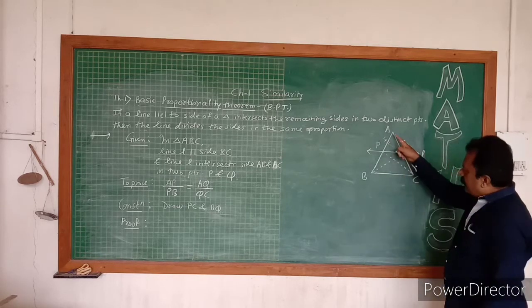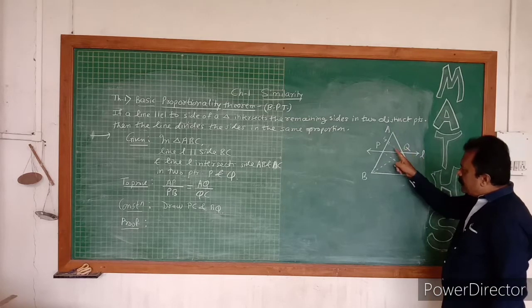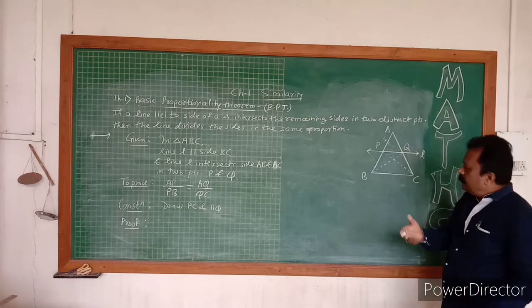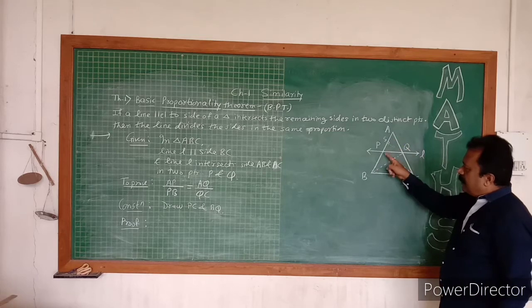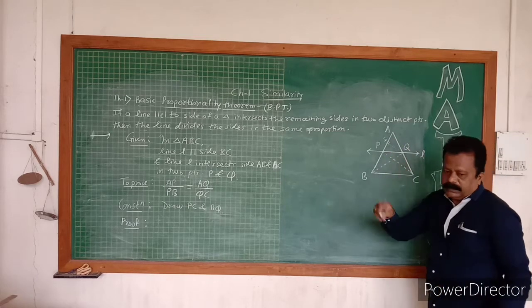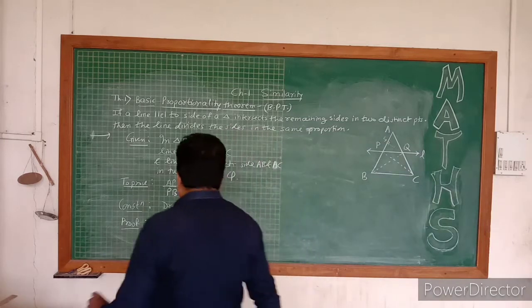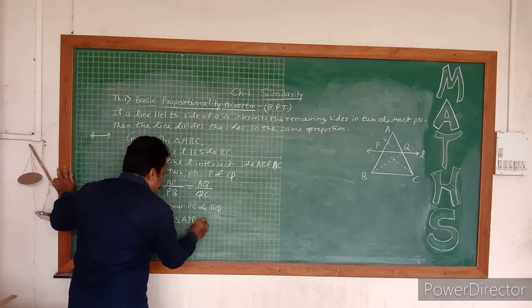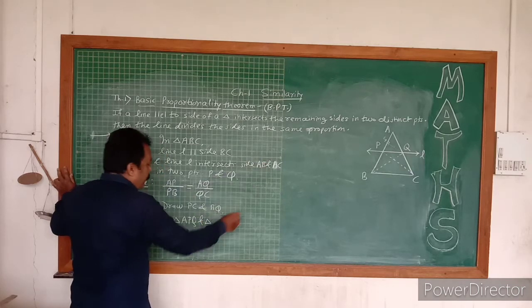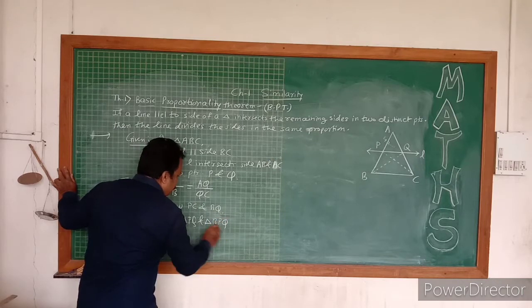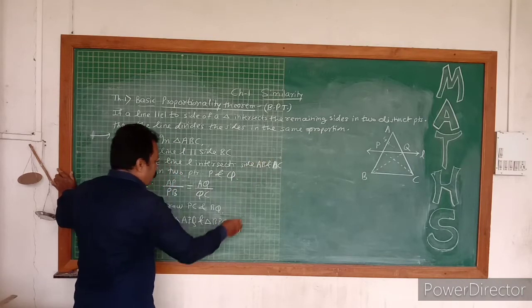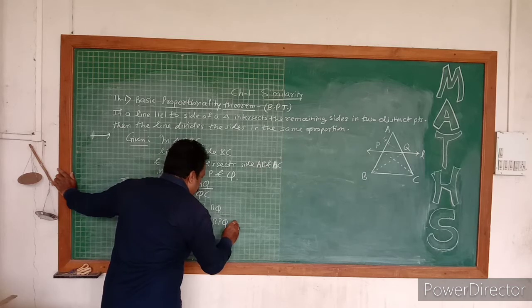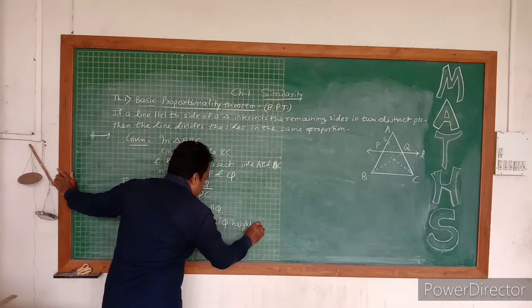Property number 3: the ratio of the areas of two triangles having the same height is equal to the ratio of the corresponding bases, that is AP upon PB. Try to understand, I am writing here: in triangle APQ and triangle BPQ, height is same.